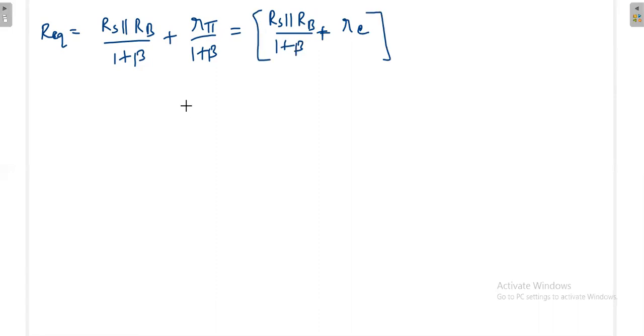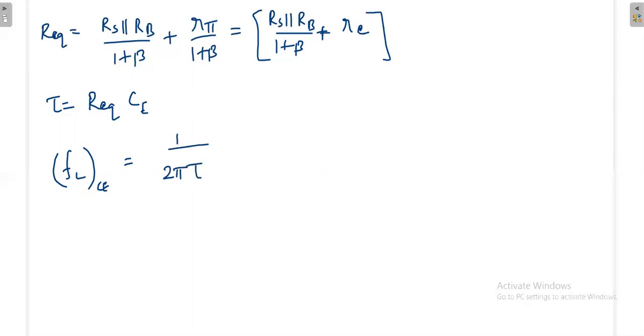The time constant of the circuit tau is equal to R equivalent into CE. Now the lower cutoff frequency due to the capacitance CE is equal to 1 by 2 pi tau, where tau is equal to R equivalent into C. Then you know what is R equivalent.